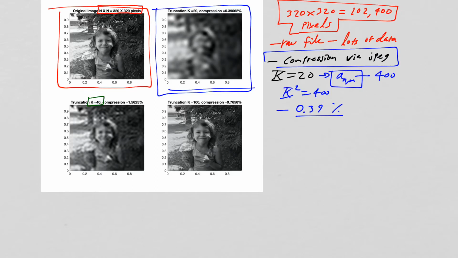That's going to be 40 squared, so 1600 coefficients, and that gives us a compression of 1.56%.